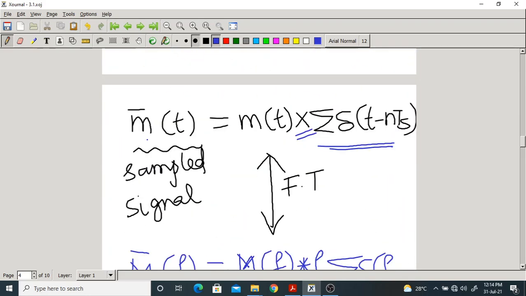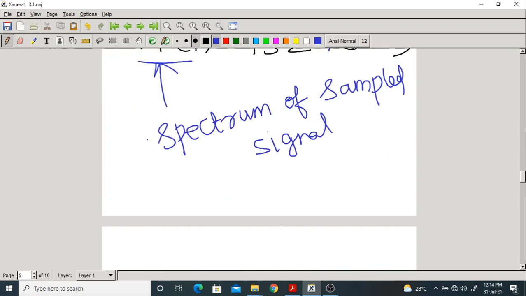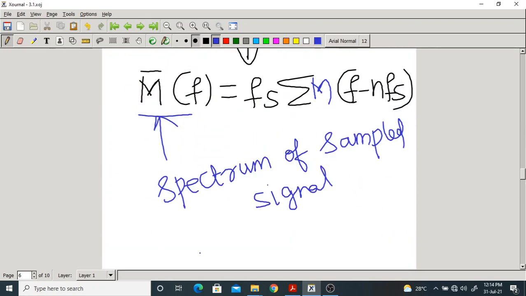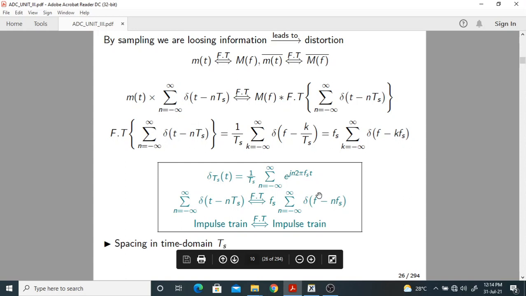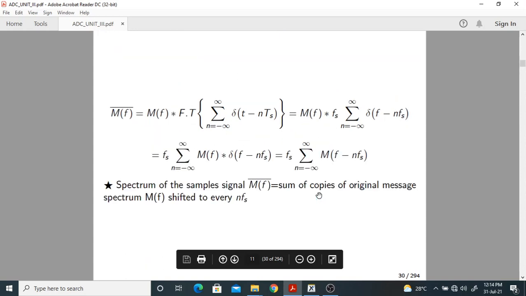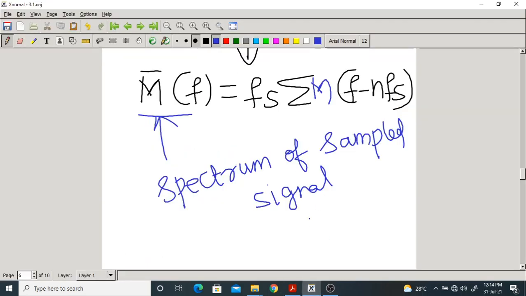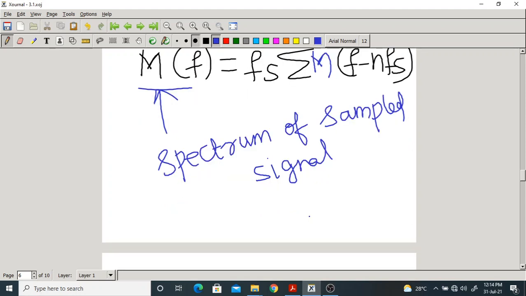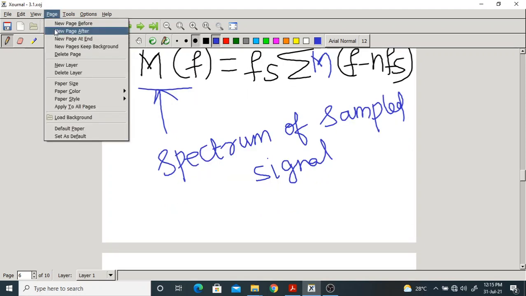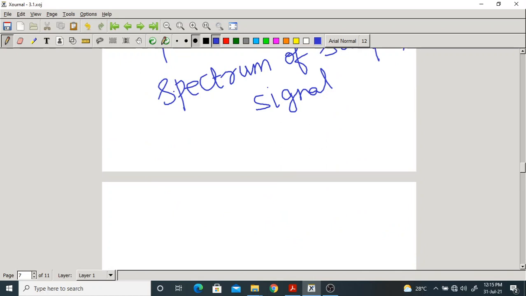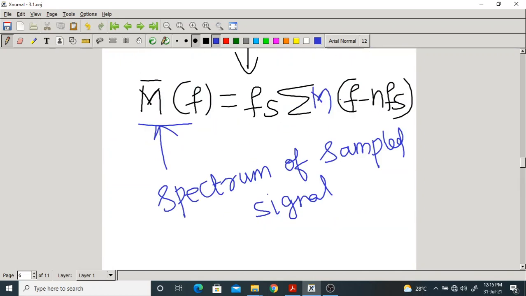Now everything I have written in the frequency domain. Okay. So what is this m line of f actually? M line of f is nothing but a sum of copies of the original message spectrum, the original spectrum of m of t.